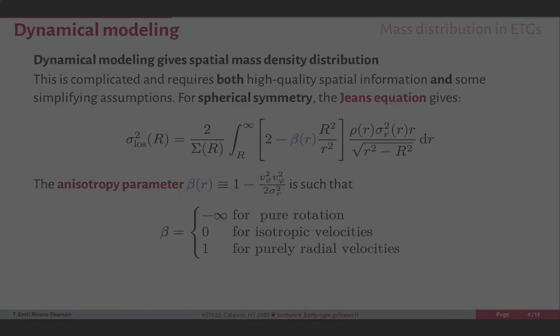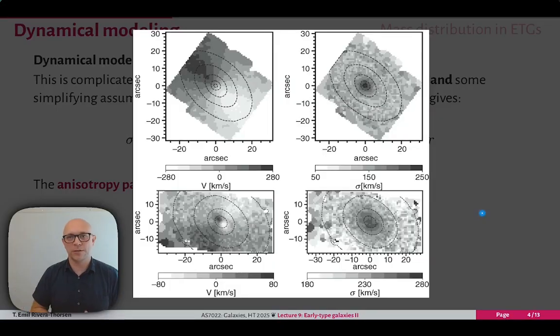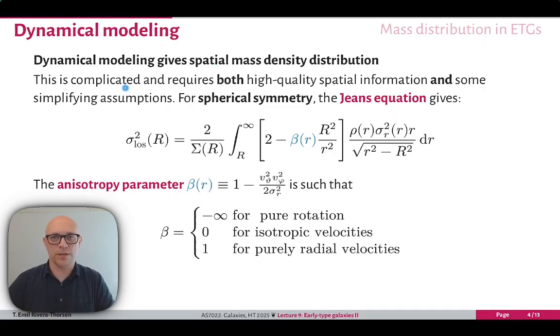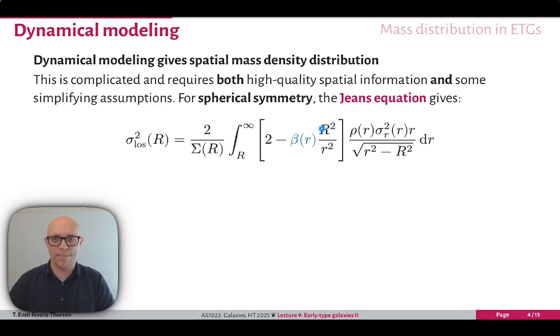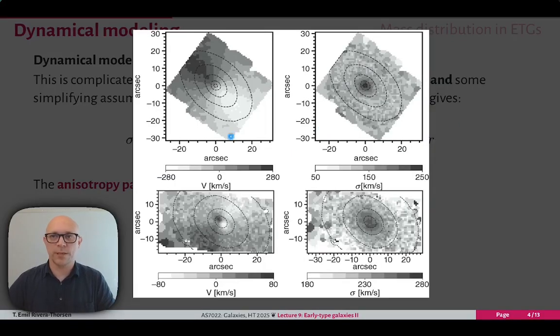these challenges. So going back to our observations, our integral field spectroscopy observations from before, I guess you can at this point imagine that we can use these velocities and velocity dispersions mainly to insert into this function here, and that way we can map the velocity dispersions, and that way also map the mass as a function of radius, again assuming spherical symmetry.